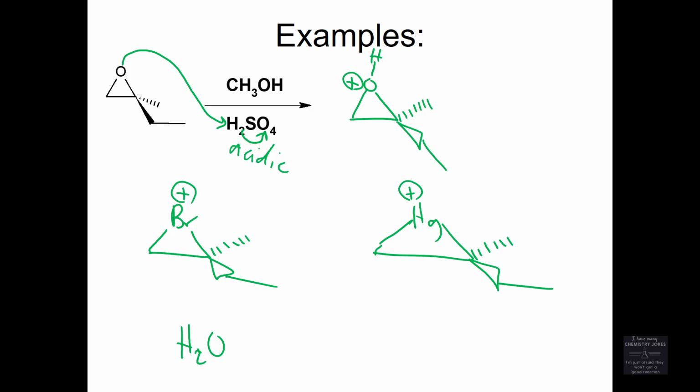Well, let's bust open this bromonium and this mercurinium with water. We're going to bust it over here. We're going to bust it over there. Why do we bust it that way? Because the more substituted side has better carbocation character. When we have a positively charged intermediate, like these, we're worried about carbocation character.